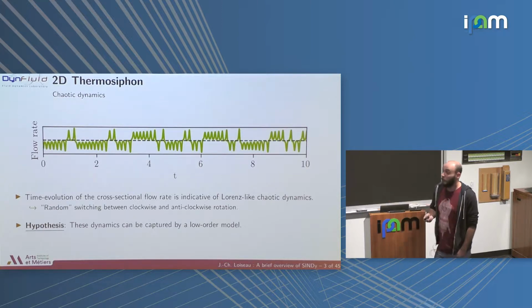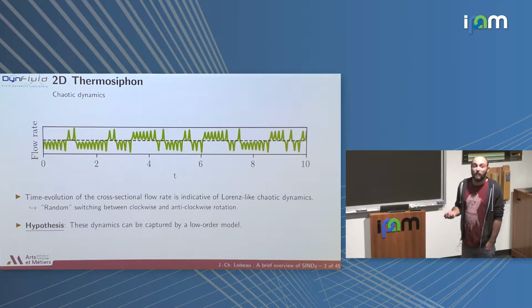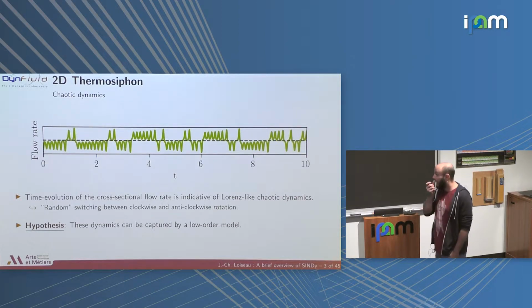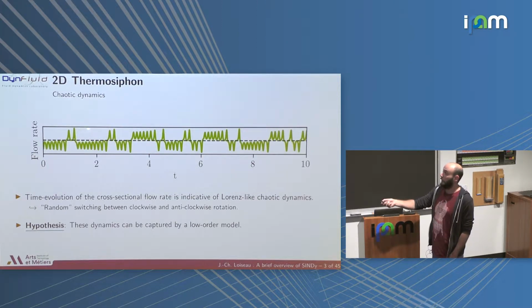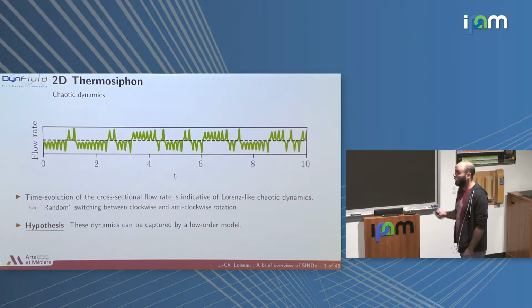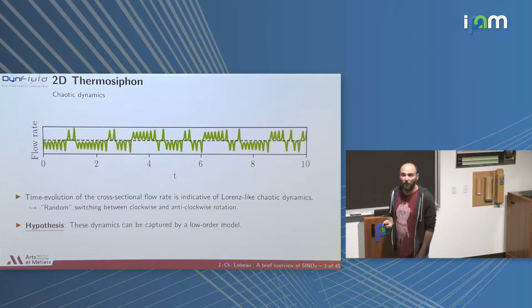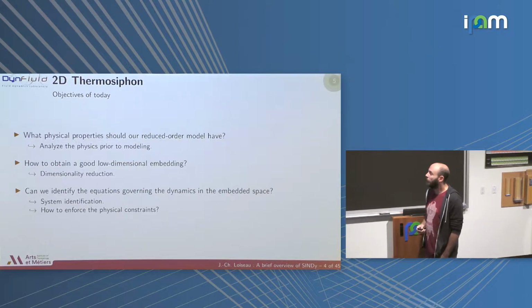For anyone familiar with the Lorenz system, this is precisely what Lorenz time series look like. The dashed line is zero flow rate, so we have switching between clockwise and anti-clockwise rotation of the convection cell. Since this suspiciously looks like Lorenz, probably we can have a low-order model to describe these dynamics of interest.